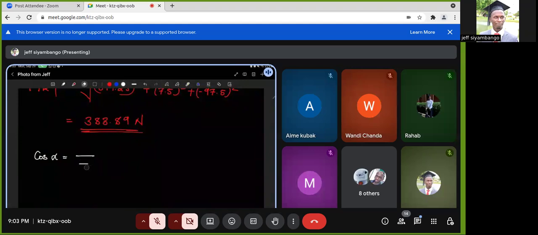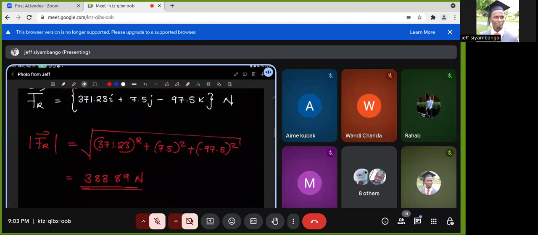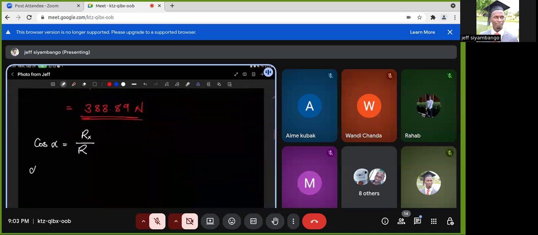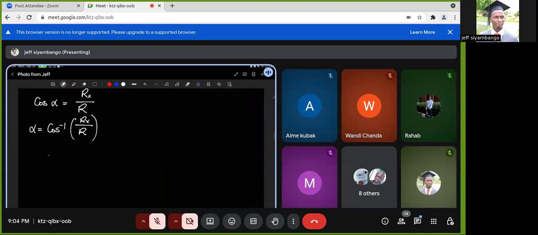So here when I use Fx, I mean Fx for the resultant. I'll just use R for the resultant. So I can say the magnitude, I'll take it as R. So it will be the x component of R divided by the magnitude itself. So alpha will be equal to cos inverse of the x component of R over the magnitude of the resultant itself.